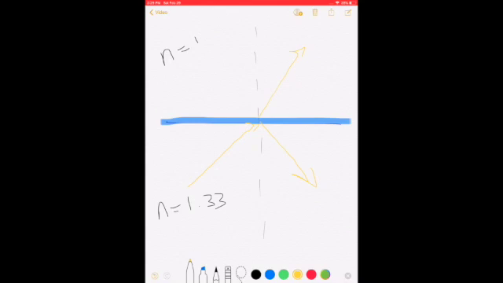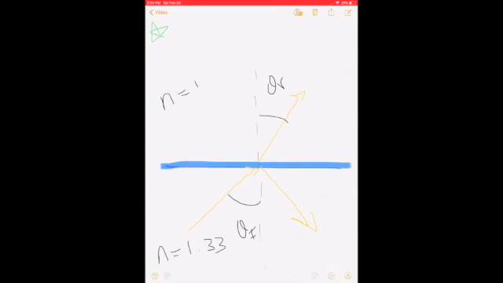So this is just typically what is observed in light in general. However, we are going to say that this is now our angle of incidence, and that this is now our angle of refraction. So if we go back to the thought process of a car and mud, when light leaves a higher density substance, or a higher index of refraction, to a lower one, typically it's going to refract away from the normal.